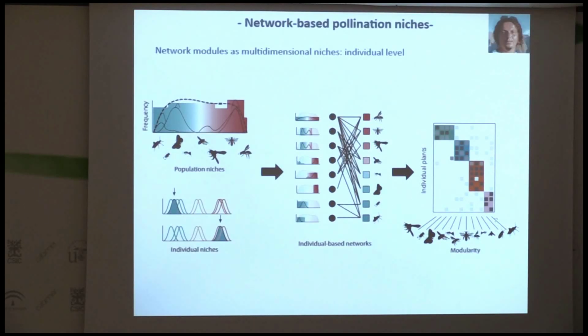Here, what we are finding is that there is not only individual specialization, but also individual generalization. In a single population of plants, you can find groups of individuals belonging to different generalist niches. They are not becoming more specialist at the level of the individual. They are just generalists to different assemblages of pollinators. Then we can use exactly the same tool to identify the niche at the species level and even at the individual level.